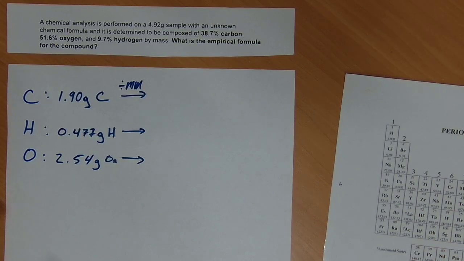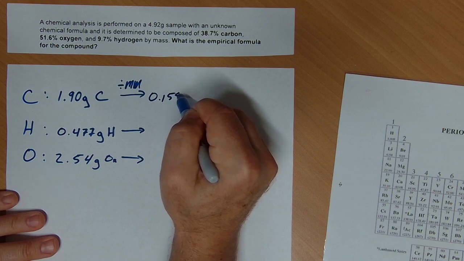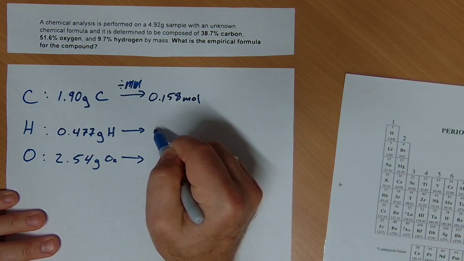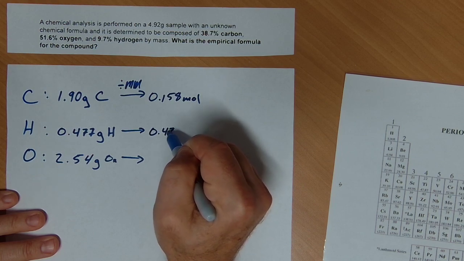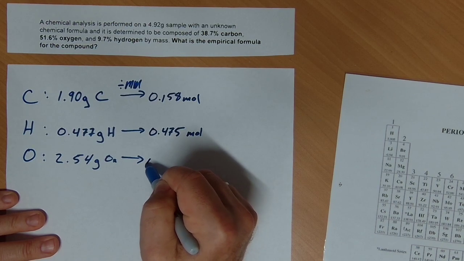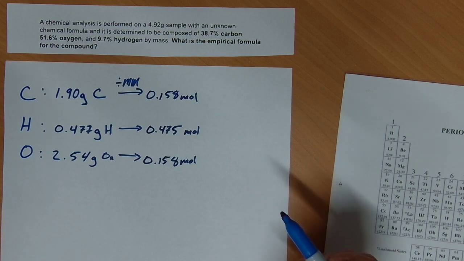And I have these pre-calculated as well. This is going to be 0.158 mole carbon, this is 0.475 mole hydrogen, and this is 0.158 mole oxygen.